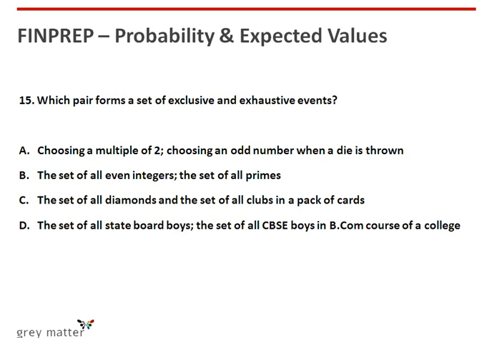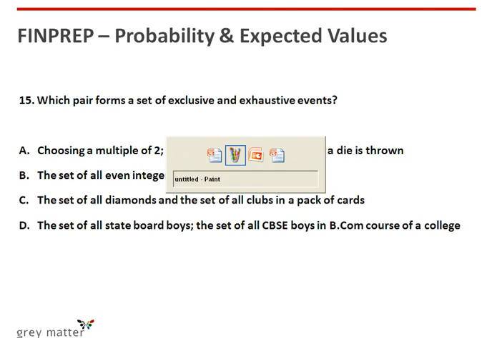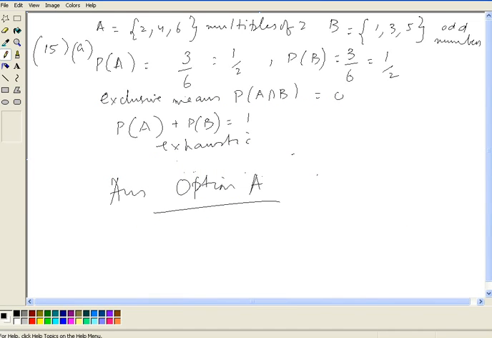15th question, which pair forms a set of exclusive and exhaustive events? If we go through all the options, using our work area, the first option is the correct answer, because option A says you have to choose multiples of 2.